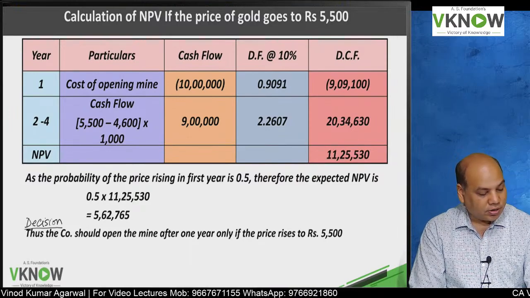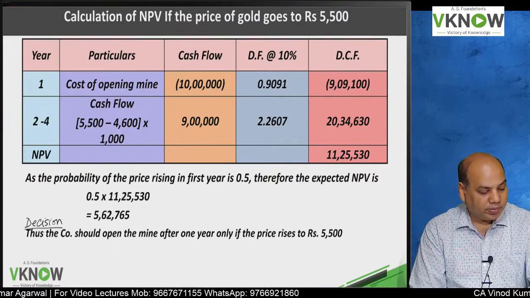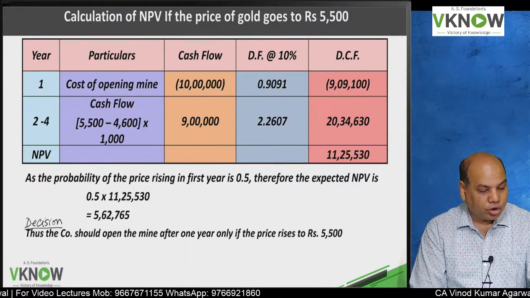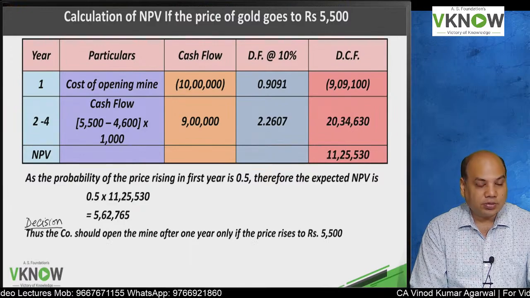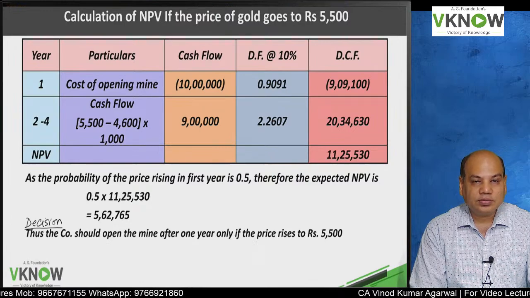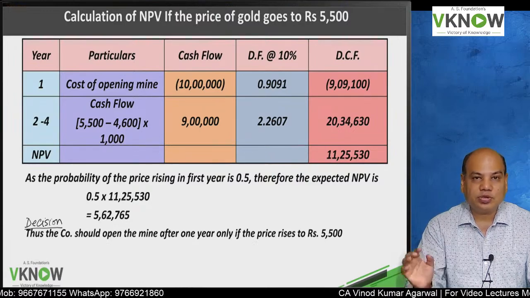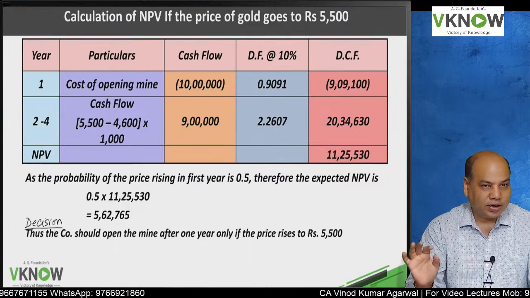The next question, I'll read from your book: What difference would it make to your decision if you could costlessly but irreversibly shut down the mine at any stage? Costlessly means no cost of shutting down the mine.